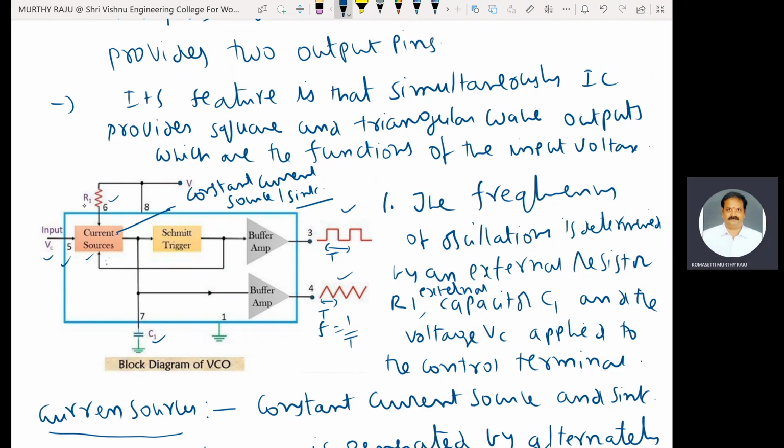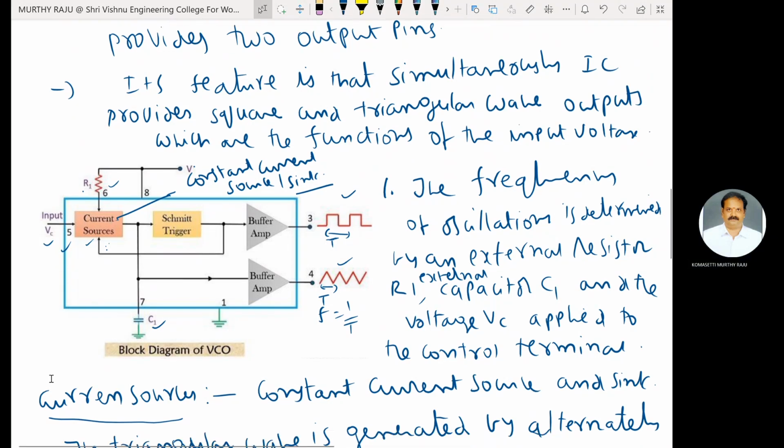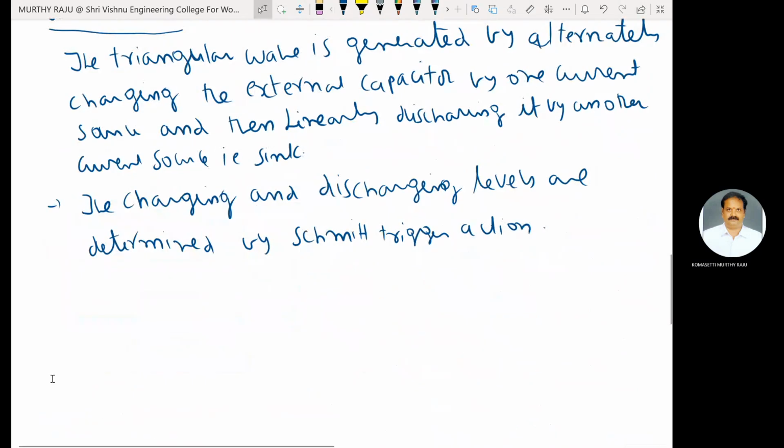The external resistance R1 and the DC input voltage decide the rate of charging and discharging. The charging and discharging levels are determined by the Schmitt trigger. These are some important points.